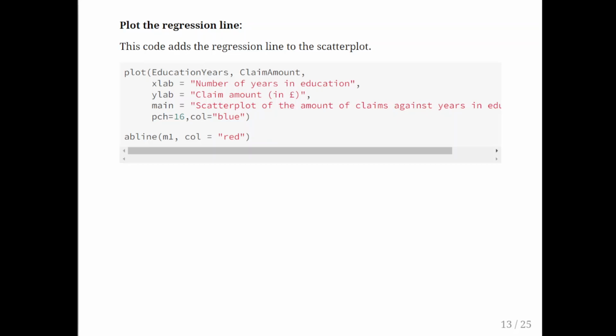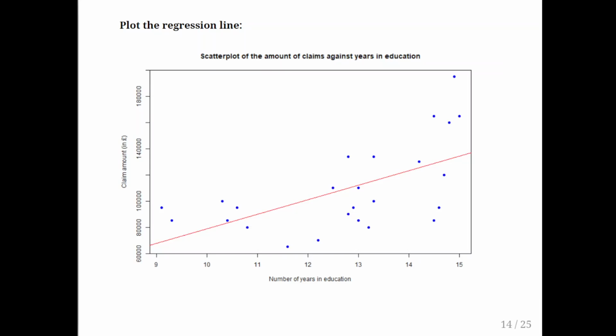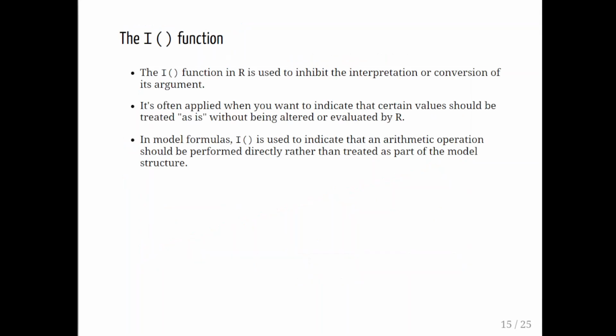And it's going to be a red line, and it looks like this. Well, there's something going on there, that's for sure. But can we come up with something better than that? Let's see. This is all part of the fun of regression modeling.